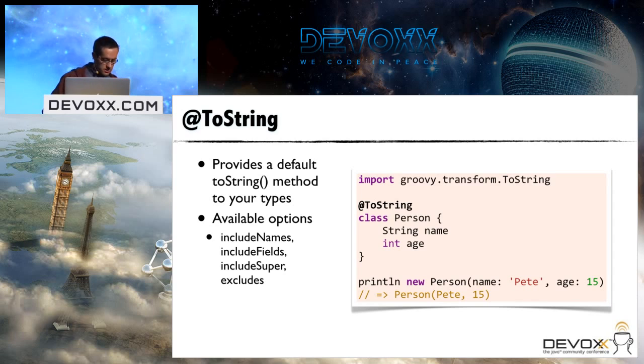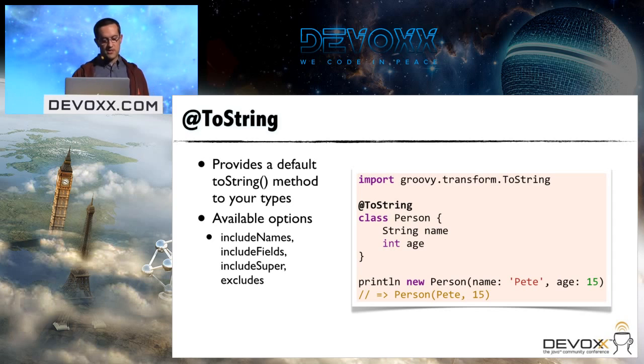Some other handy features. Again, the compiler does the job for you of implementing certain things, like a default toString implementation, which is a bit nicer than the default toString implementation in Java. So you just annotate your classes with add toString, and then you're going to have that person PT15 string returned when you do toString.